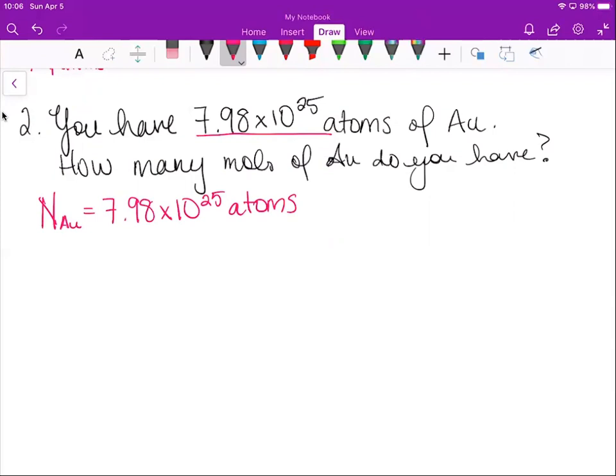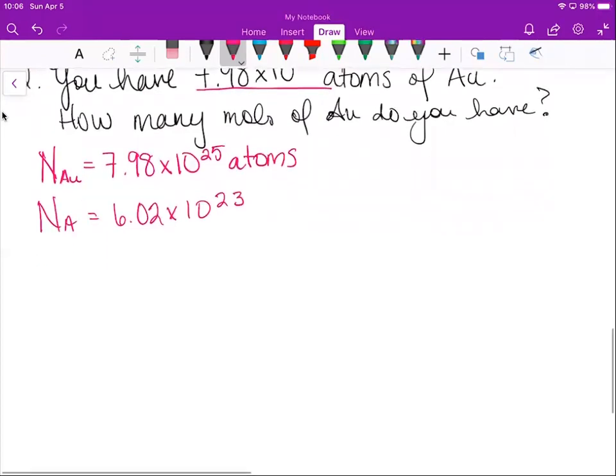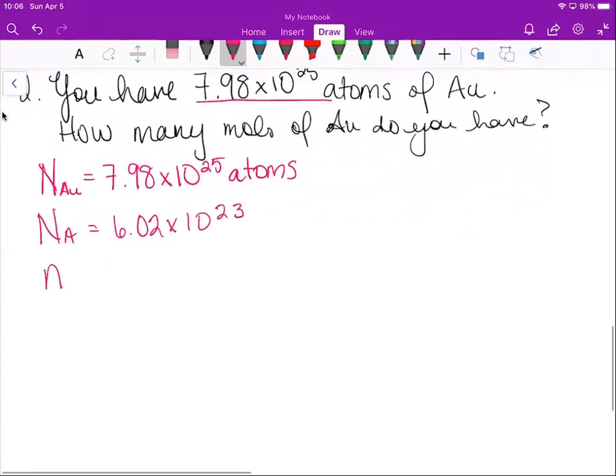So it's big N. We have always Avogadro's constant. And so what we're trying to find is little n. And the way that you do it, our formula is number of particles divided by Avogadro's constant.